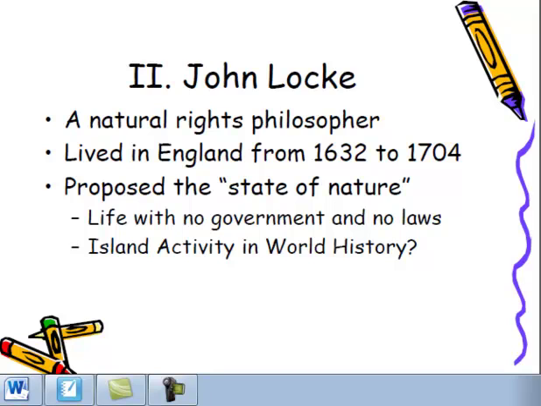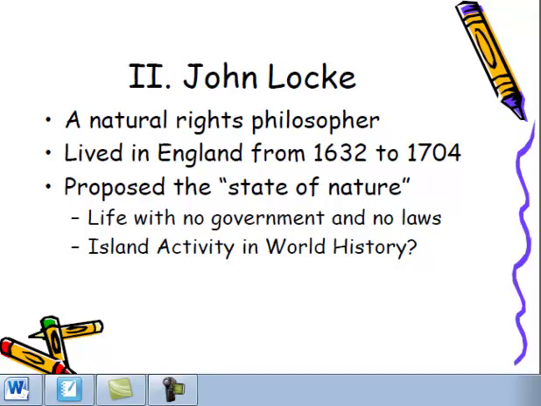He was in England from 1632 to 1704, and he was a philosopher. He was a big proponent of natural rights. What are natural rights? What do you think a natural right is? Rights that are natural, like freedom of speech? Freedom of speech, right?